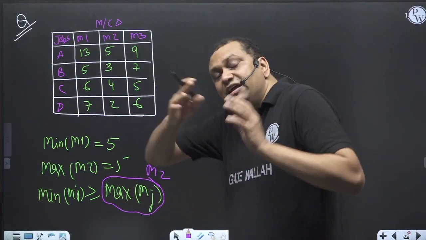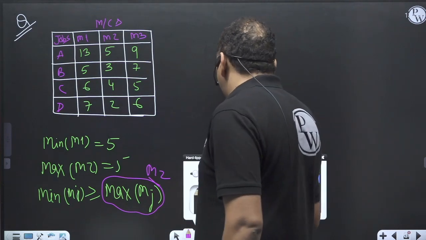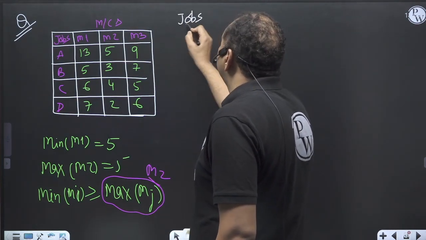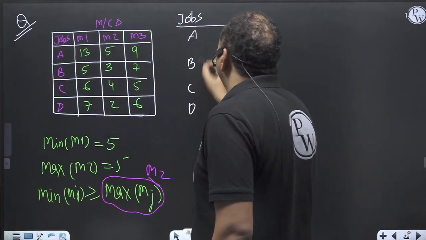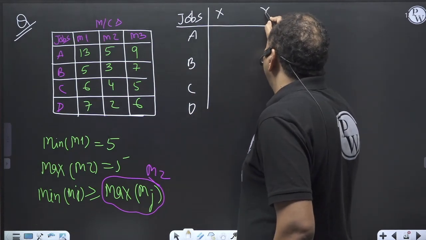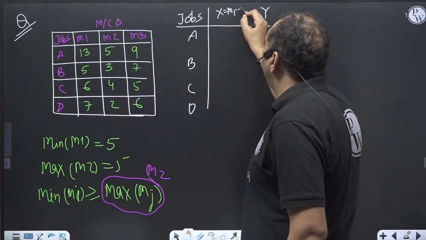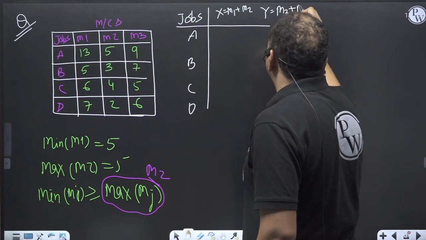This machine I will add up into the other 2 machines. So here, jobs A, B, C, D, and the 2 machines are, let us say, machine X and machine Y. So M1 plus M2 is one, and M3 plus M2 is the other.